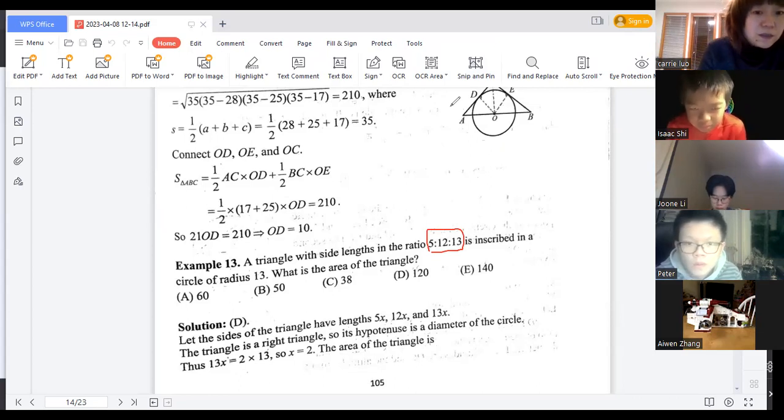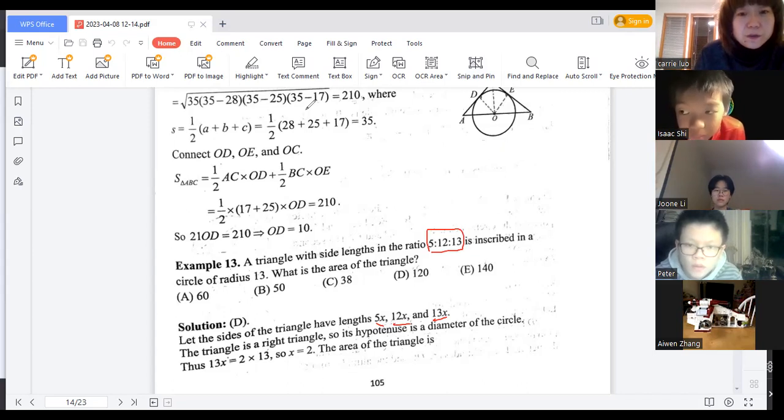We can write the sides as 5x, 12x, and 13x. The triangle is a right triangle, so the hypotenuse is the diameter of the circle. So 13x equals 2 times 13, so x equals 2.